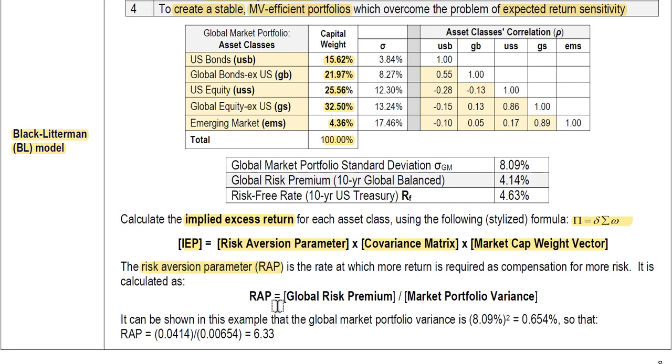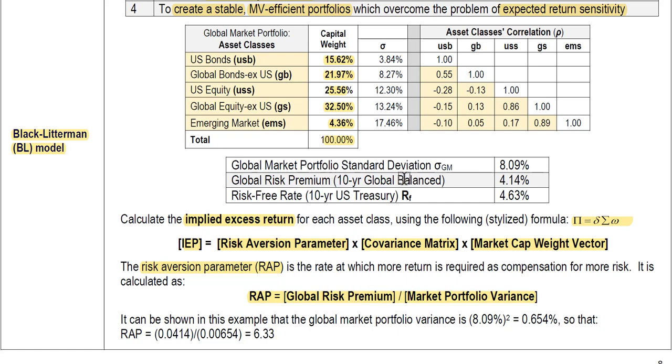All right, so this parameter is equal to the global risk premium divided by the market portfolio variance. Okay, market portfolio variance. So what does that mean here? This is a premium. Premium means additional return for the global markets, the global risk premium.